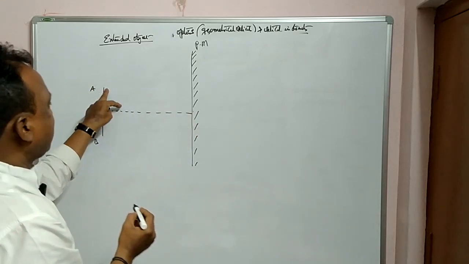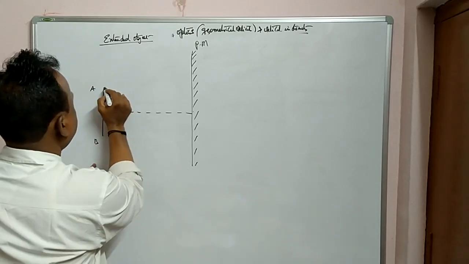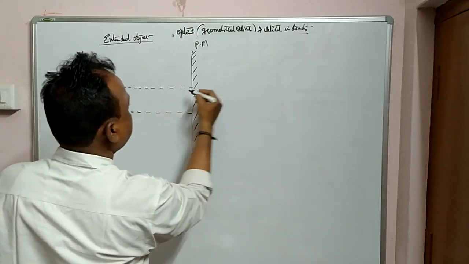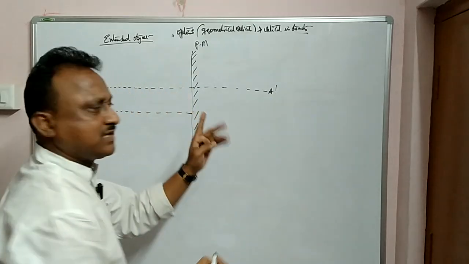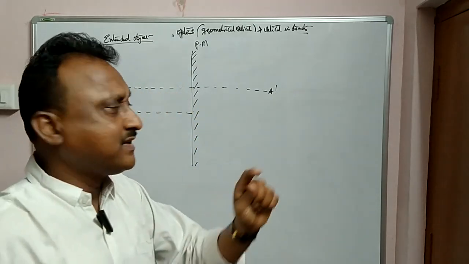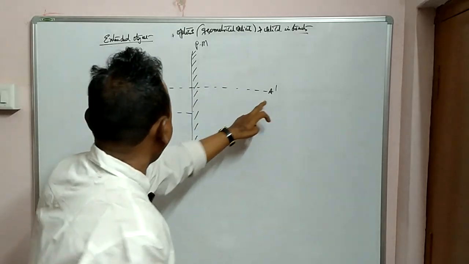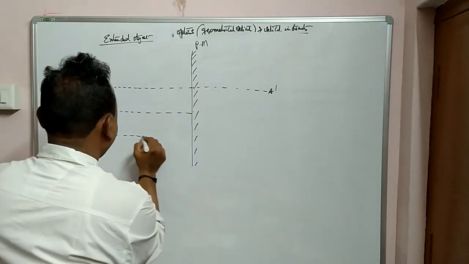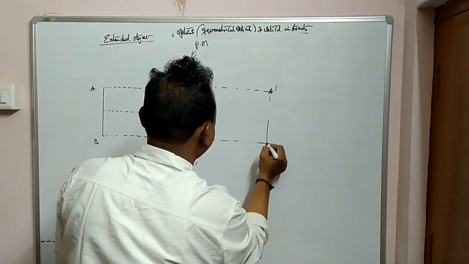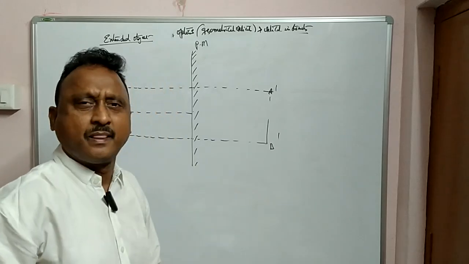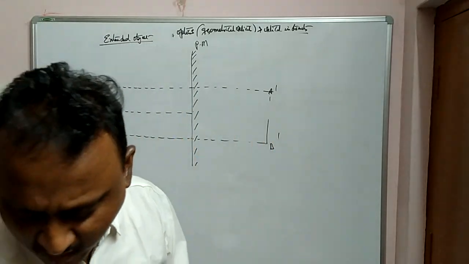Now this extended object also you can put here, because as I said, whatever A is there, exactly on the other side it will be A dash, because the main property of a plane mirror is object distance is equal to image distance. So A dash. In the same way, whatever B is there, same distance B dash. ఎంత డిస్టెన్స్‌లో ఆబ్జెక్ట్ ఉంటుందో ఆ ఇమేజ్ డిస్టెన్స్ కూడా అంత దూరంలోనే ఫామ్ అవుతుంది.